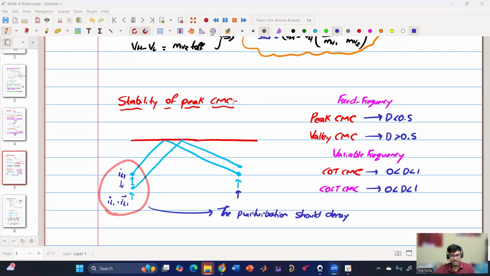From there you can see whether the perturbation is diminishing or increasing, and based on that we get the stability aspect. Kindly go through lecture 23 once, and if you do not understand, you can ask me and I'll explain. Sure, thank you.